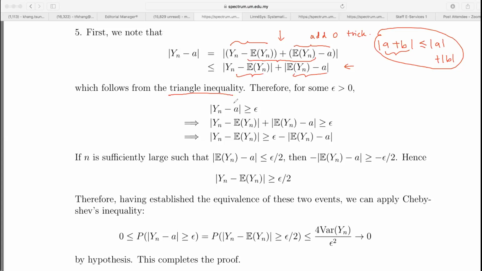And therefore, if you have epsilon greater than 0, so basically this statement here, this implies that since your Yn is this, maybe I write it like this.